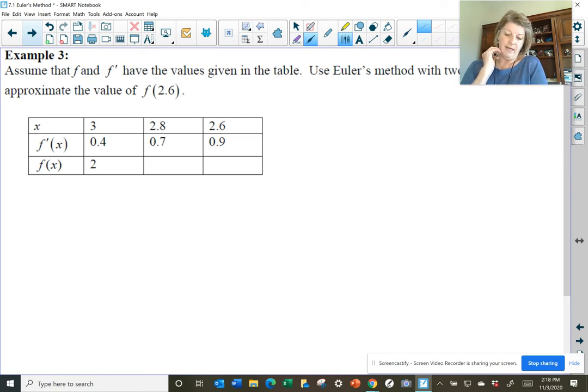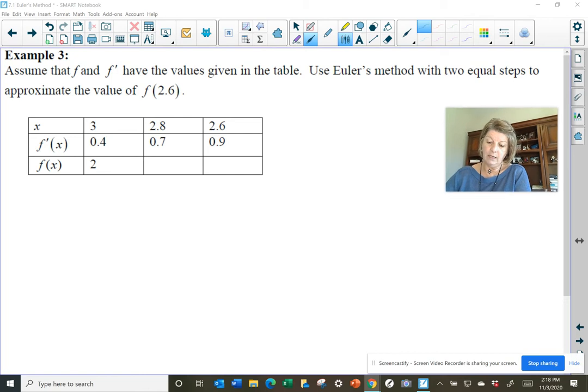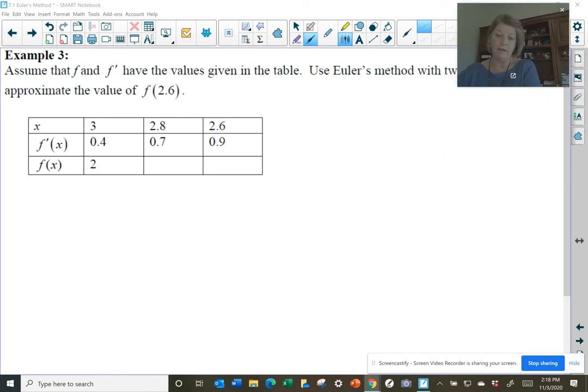Assume that f and f prime have the values given in the table. Use Euler's method with 2 equal steps to approximate f of 2.6. They give us f prime, so I don't have to calculate my own f prime. That's kind of nice.